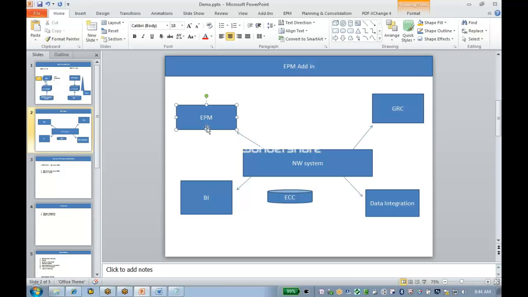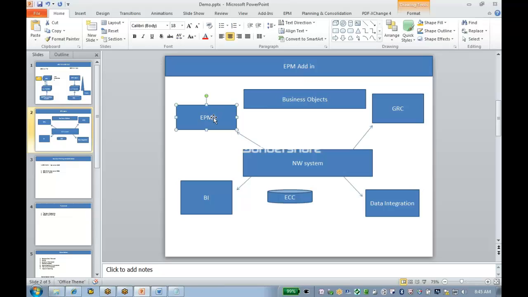EPM, BI, GRC, data integration are all called business objects components. ECC is not a business objects component. Whatever I am showing with the arrow marks comes under business objects.